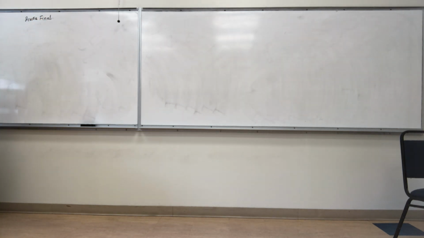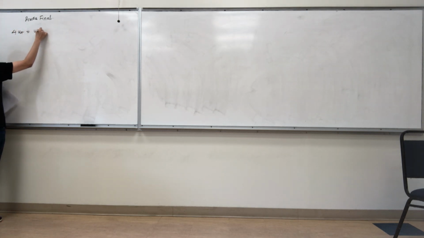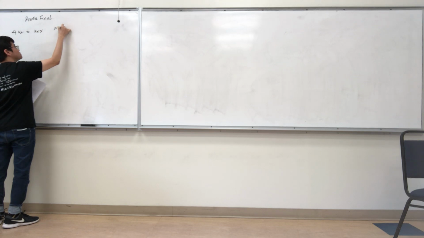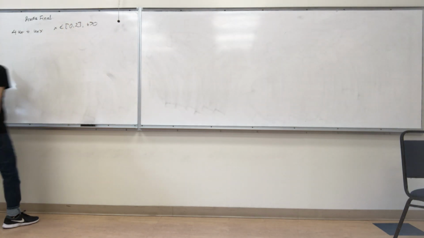Alright, so in the previous class we were trying to solve u_t = u_xx with x in (0, 2), t greater than 0.